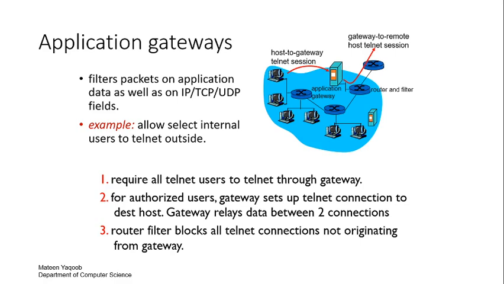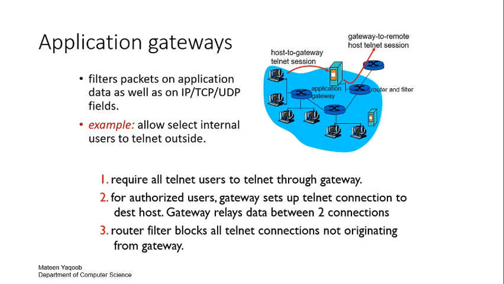The second step is for authorized users. All internal users are authorized using an authentication protocol. Authorized users make the request to the application gateway, and then the gateway sets up the telnet connection to the destination host located on the public internet.